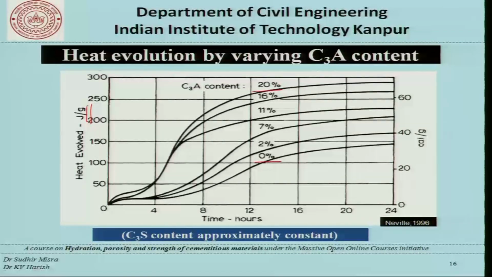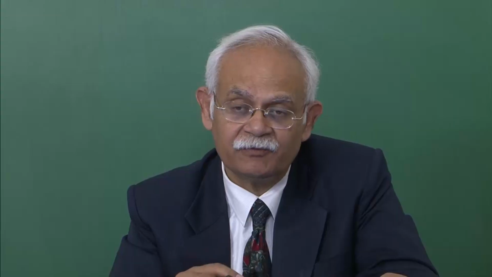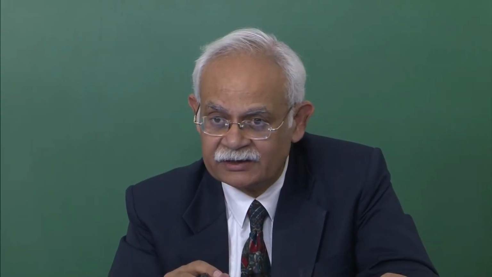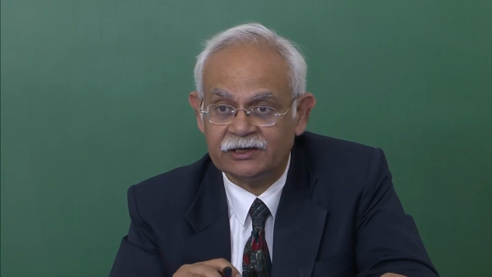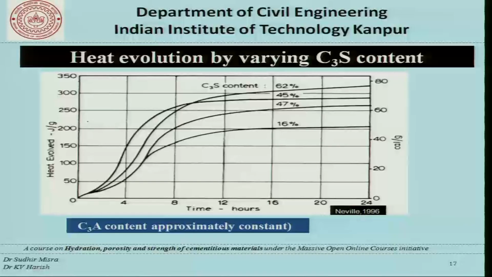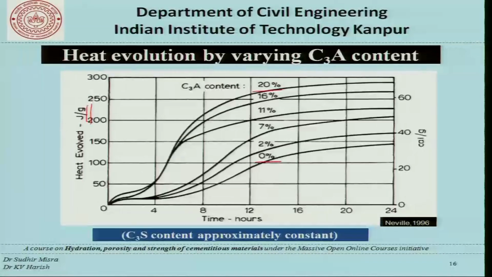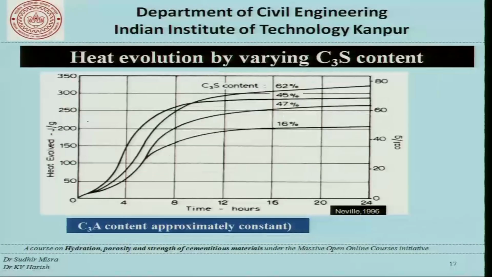And that's again something which we have to understand, or we have to know if we want to characterize the cements, if we want to understand the cement from the point of view of mass concrete applications, as we shall see later on. This diagram is an illustration of heat evolution by varying the C3S content. The previous one was C3A and this is C3S.